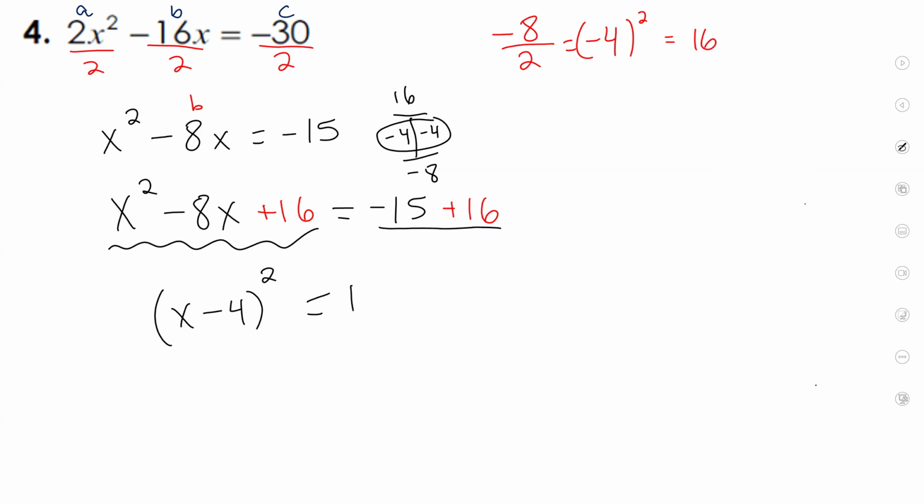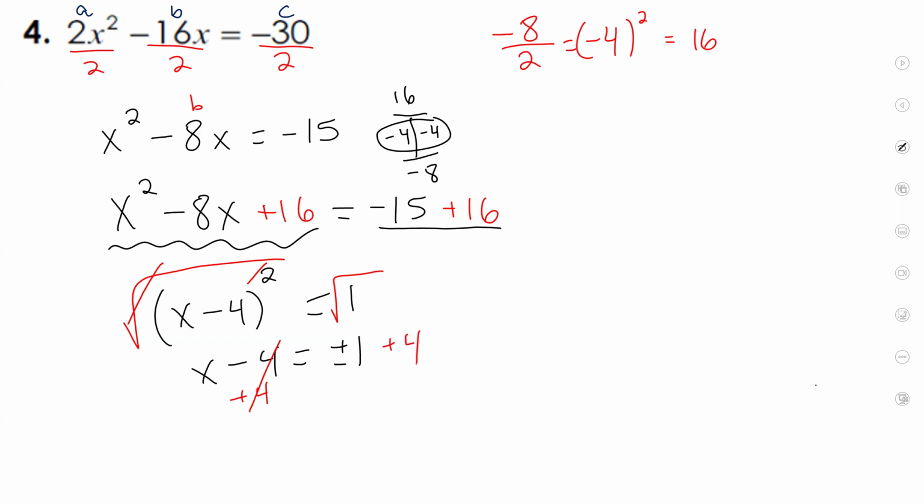Now you're going to take the square root of both sides. That cancels out. And you get the square root of 1. So I'm left with x minus 4 equals, what's the square root of 1? 1, but don't forget the plus or minus. Now we're going to add 4 to both sides.